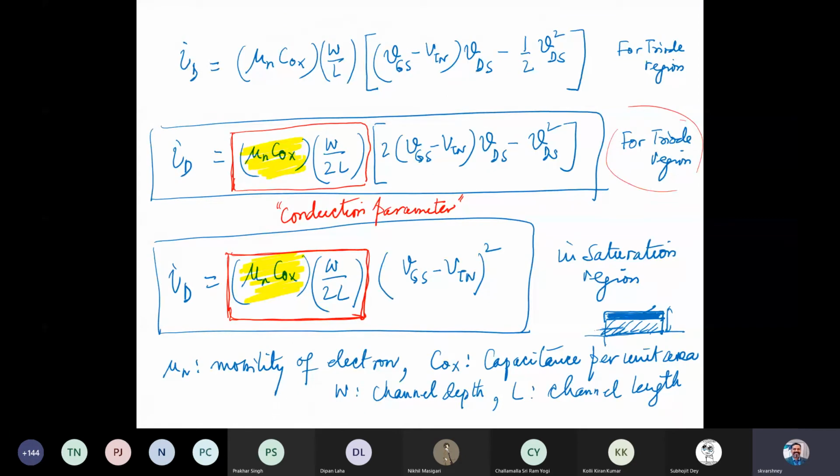If the voltage applied to the drain terminal is larger than the saturation voltage, where saturation starts, then the saturation drain current relationship will be used.